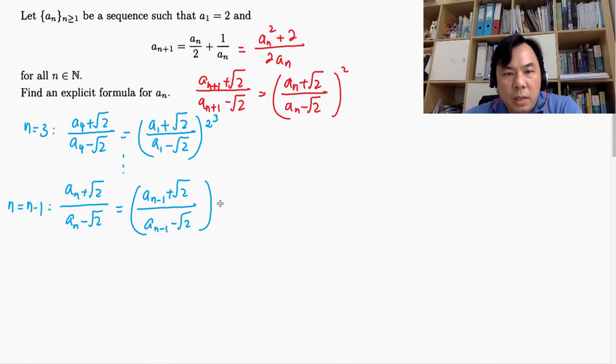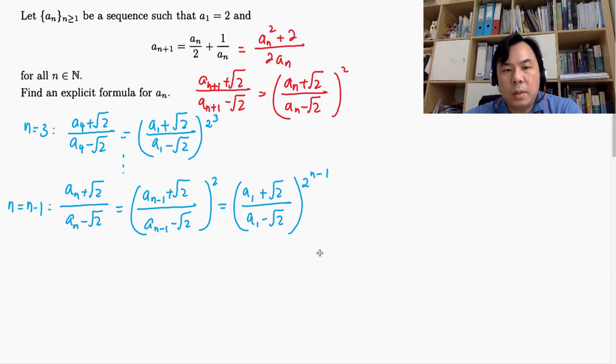All right, and then this for sure will be to the power of 2, of course, based on this result here. But then again, we can further elaborate that. It will be the same as this, because you can see that A4 is raised to the power of 3 here when n is equal to 3. So this one here will be 2 raised to the power of n minus 1. And then there you have it. This is an plus square root of 2.